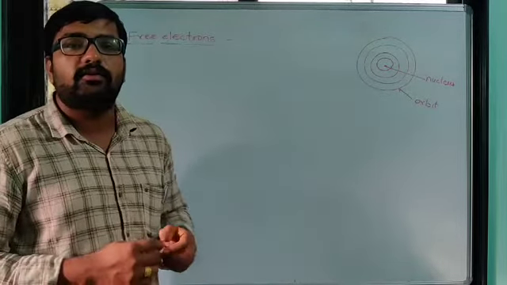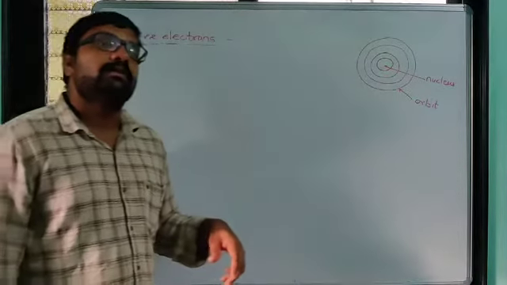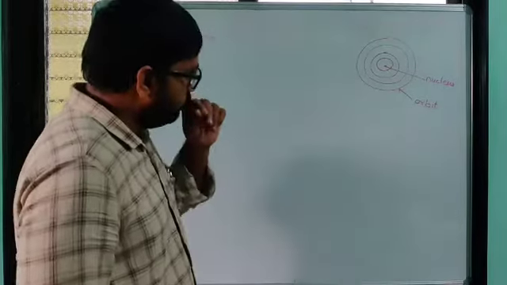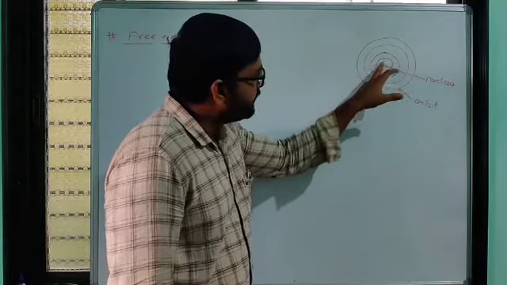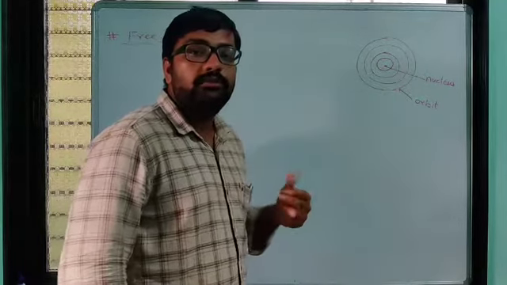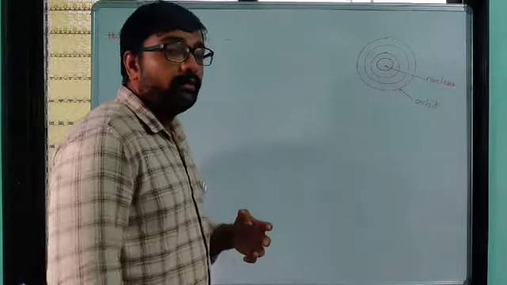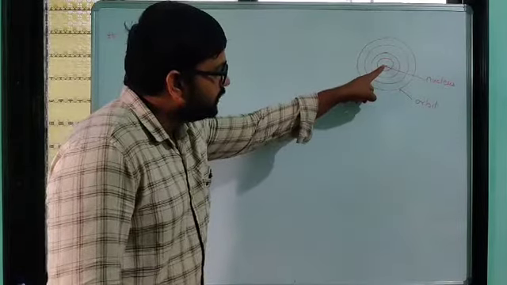Orbits are nothing but paths. On those paths electrons revolve around the nucleus. All the positive charges of an atom are gathered here. Positive charge means simply all the protons. Whatever protons an atom has, all are situated in this nucleus.